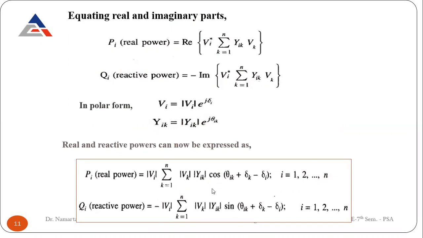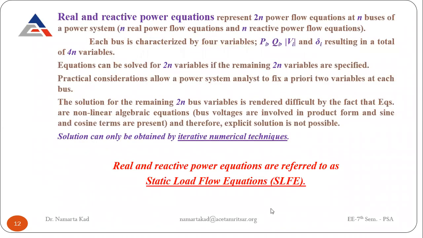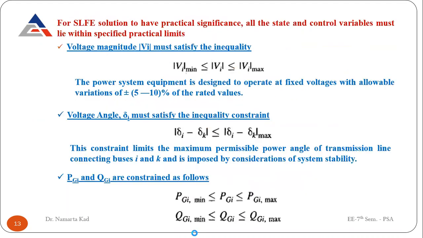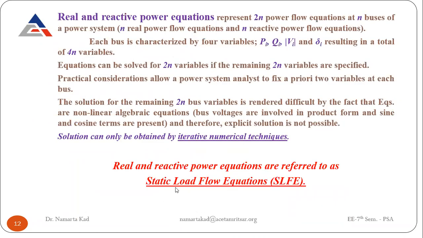So it is a little bit difficult to solve these equations manually and get the correct result in each solution. A number of iterations are required to be run, and after certain iterations, we are able to achieve the perfect solution. So there are different methods to solve these equations, which are called the static load flow equations.